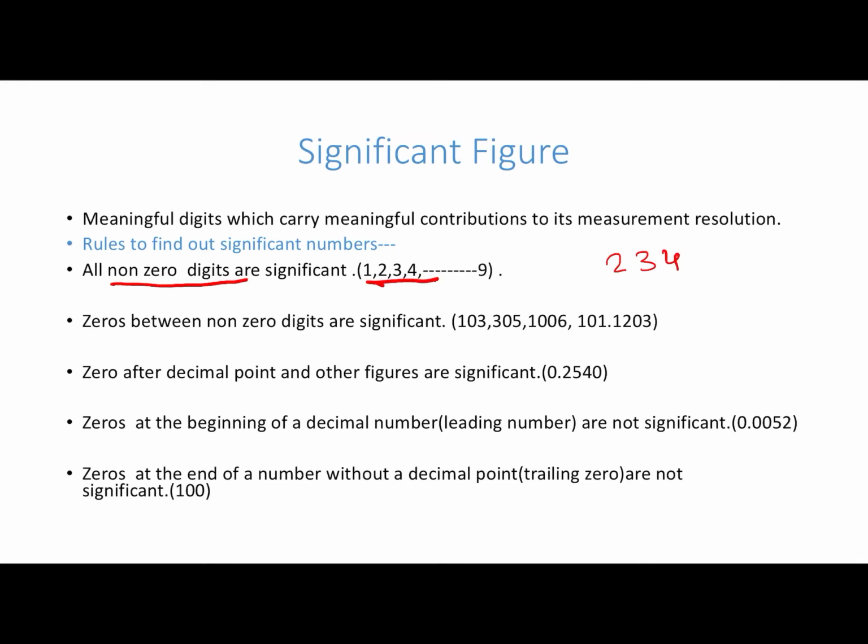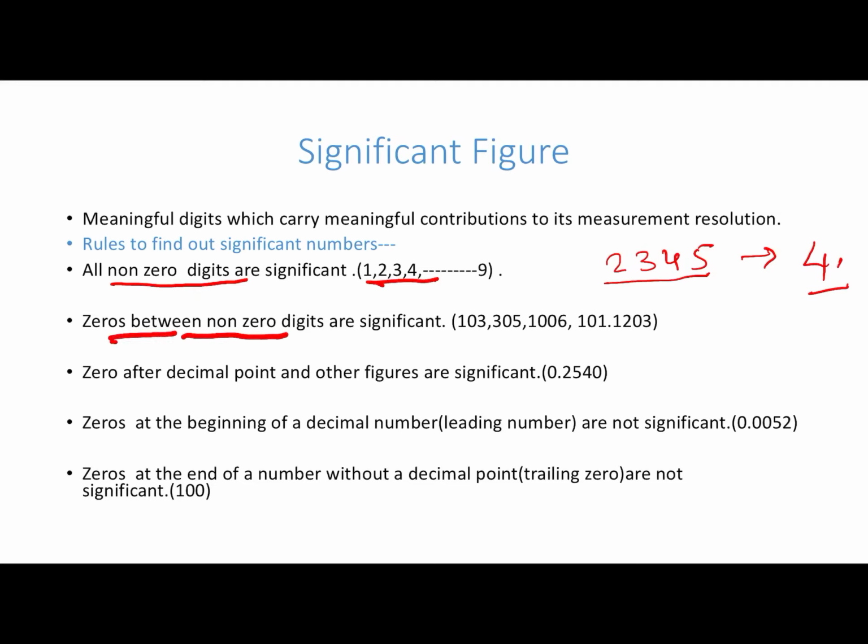Suppose I am writing 2, 3, 4, 5. Then how many significant numbers are there? There are 4 significant figures, because all numbers are significant. Now the second rule says that zeros between non-zero digits are significant.